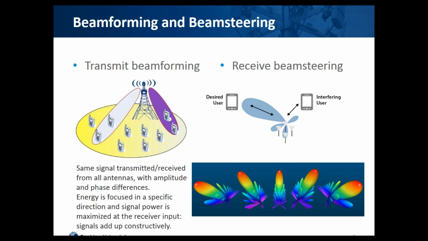At the same time, the shifts can also be selected to steer the null in the direction of other interfering users. This means that signals coming from other directions will add destructively and will not interfere with the desired signal in the main beam. Switching the phases at the transmitter and receiver is fast, and each transmission or reception can point in a different direction depending on the device that is scheduled to send or receive the data.